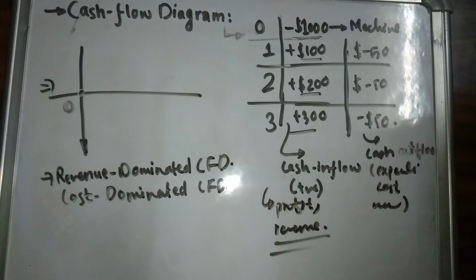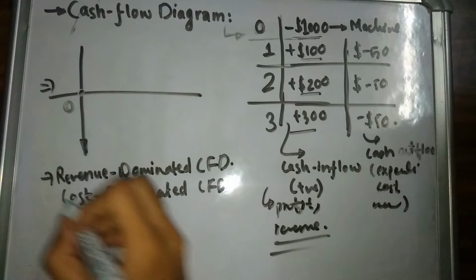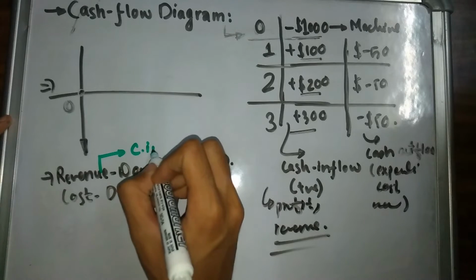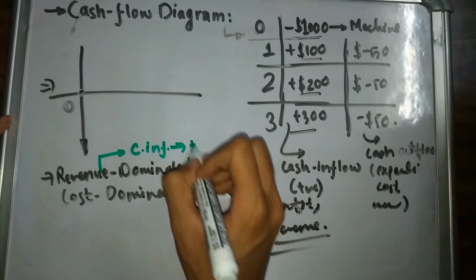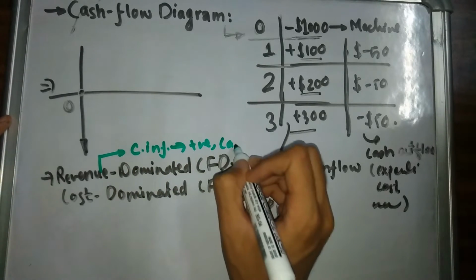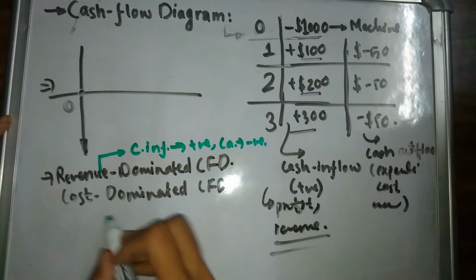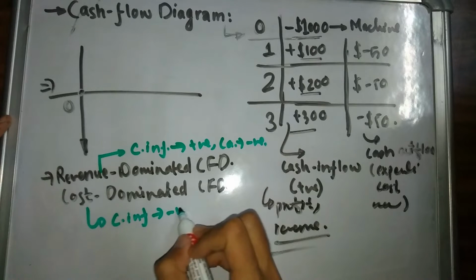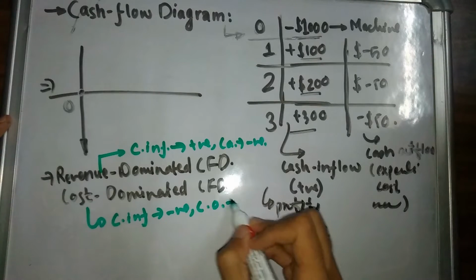In a revenue dominated cash flow diagram, all the cash inflows are treated as positive, while our cash outflows are treated as negative. While in cost dominated it is exactly the opposite. Cash inflows are treated as negative, while our cash outflows are taken as positive.